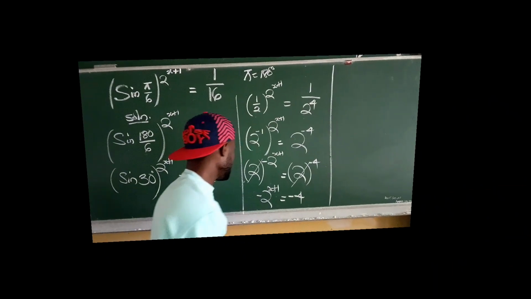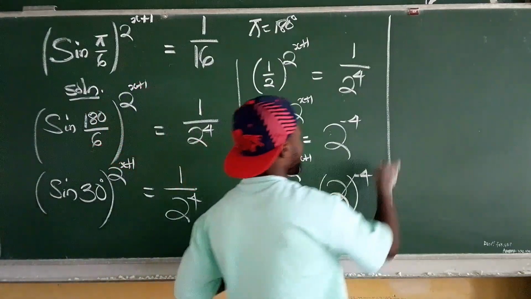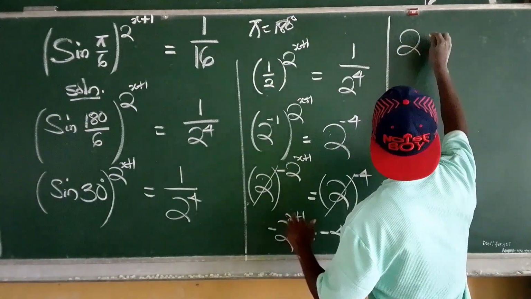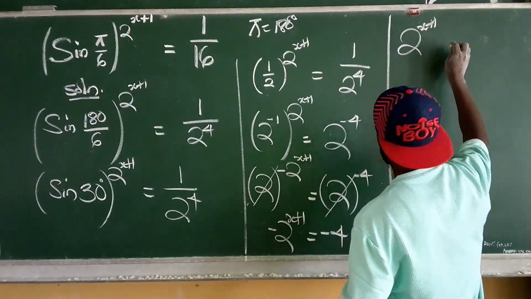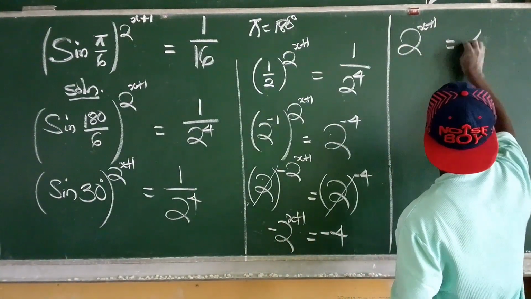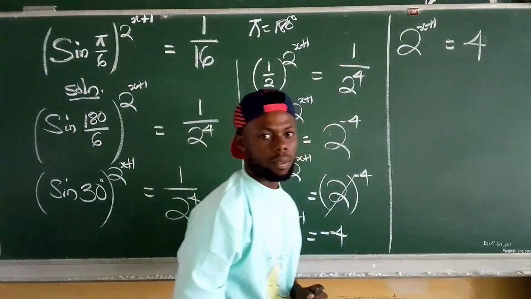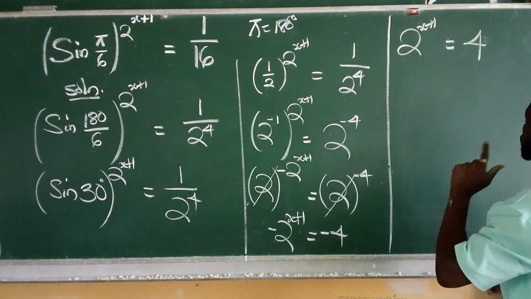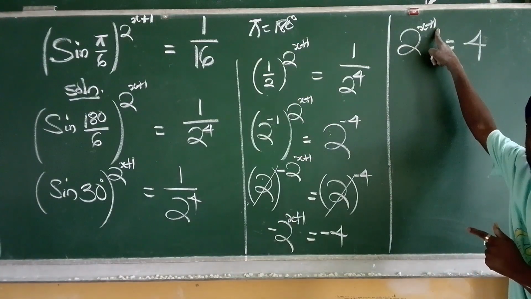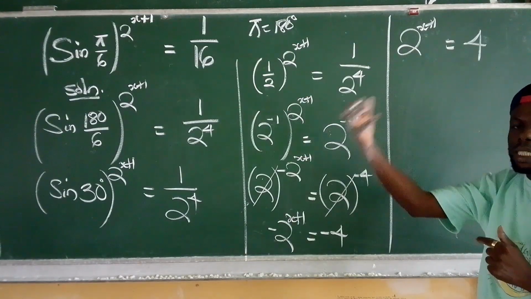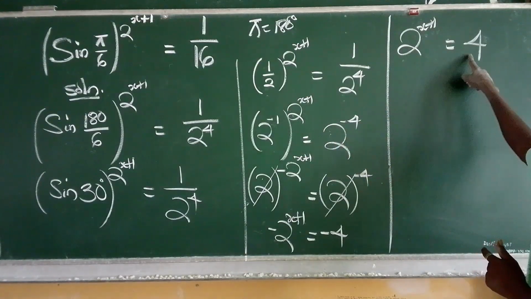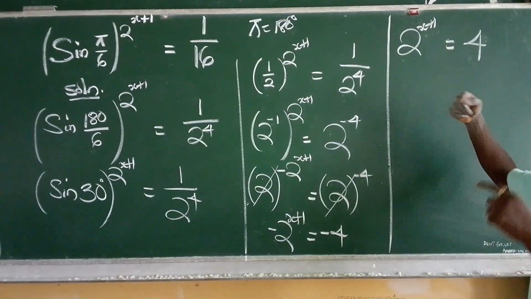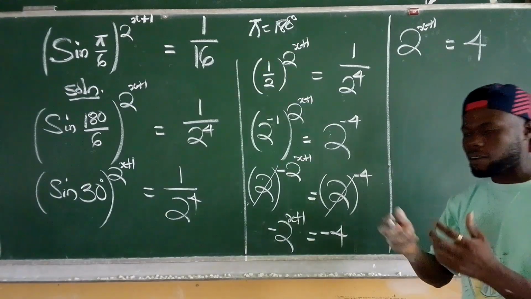Now, 2 raised to the power of x plus 1 equal to 4. On my left hand side, I have 2 raised to the power of x plus 1, which is written in its exponential form. We also have to convert the right hand side to the same pattern, exponential form.